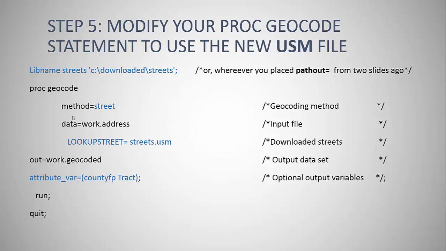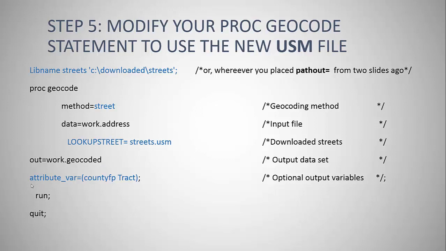And so Proc Geocode, the method now is going to be equal to street, data equals work.address, the original file that we were working with before, but now we include lookup street equals streets.usm. And so USM should be stored in the streets library. The output is the same, it's work.geocoded.